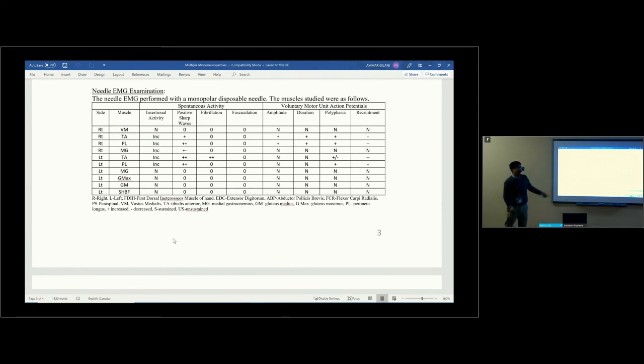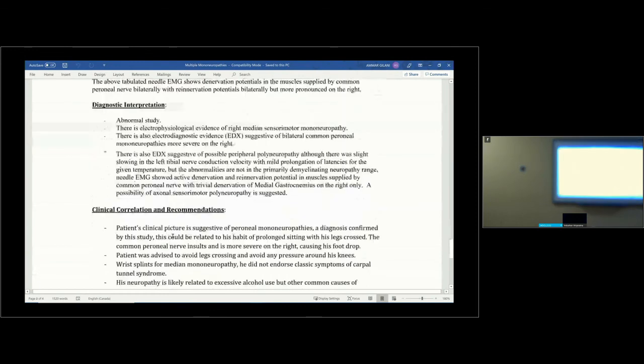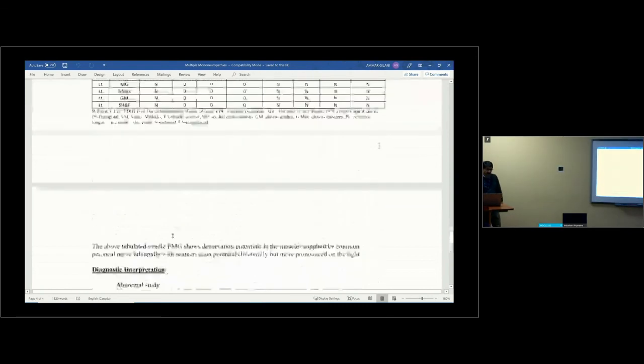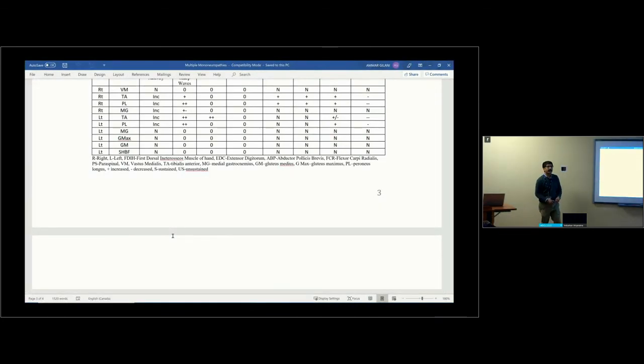So the conclusion was that the patient has a neuropathy, and we needed to pursue further with ultrasound to make sure that the peroneal nerve was not entrapped in its typical compression site. And that's what ended up happening. That patient was found to have peroneal mononeuropathy.